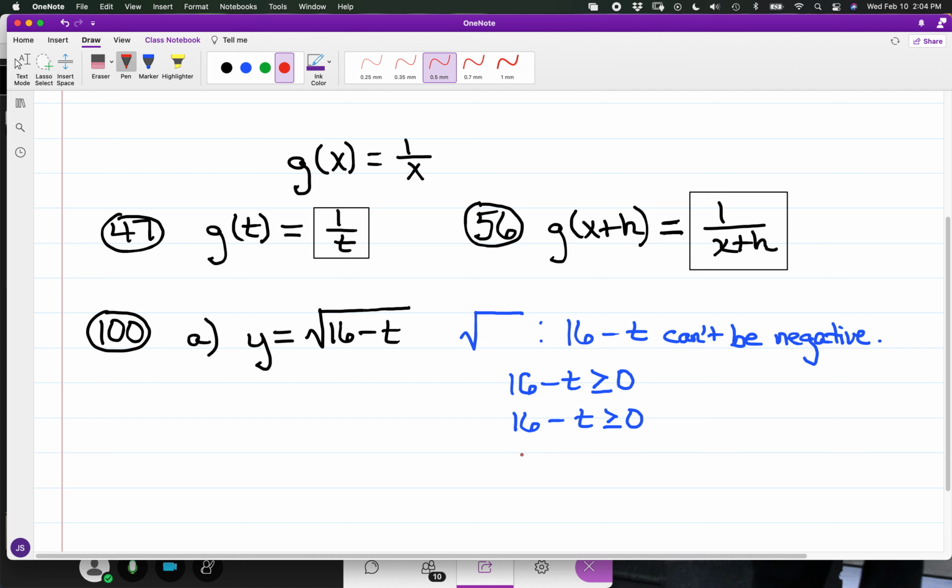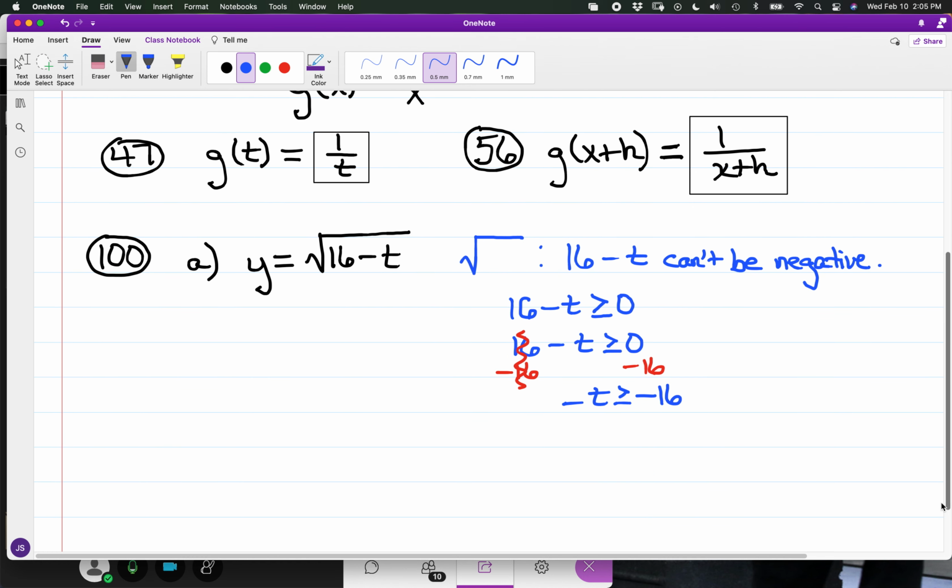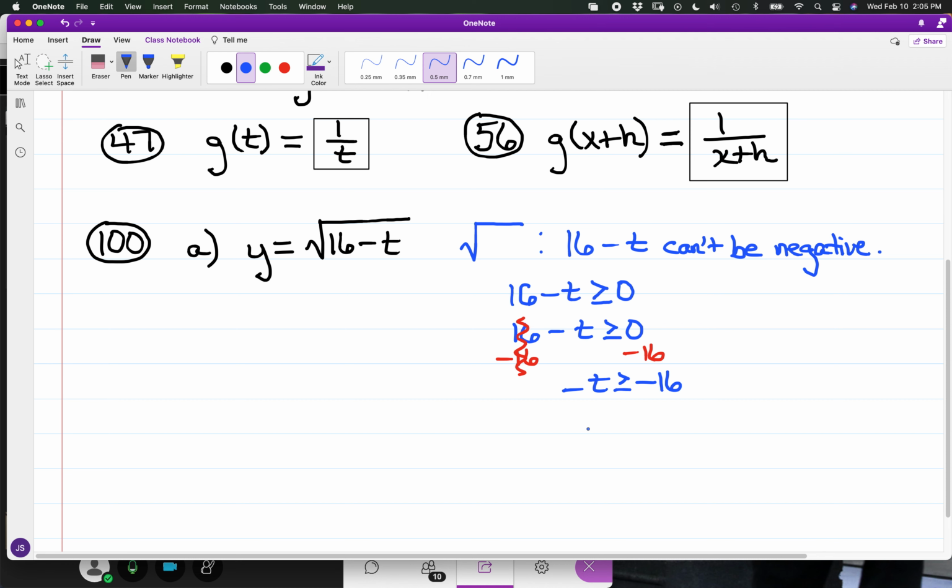If we isolate the t term by subtracting 16 on both sides, we have negative t greater than or equal to negative 16. Again, we are finding the solution set for t.